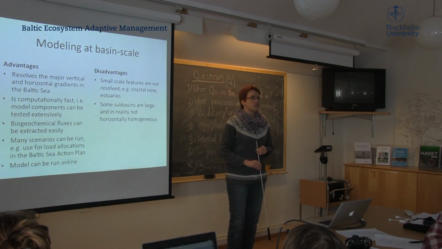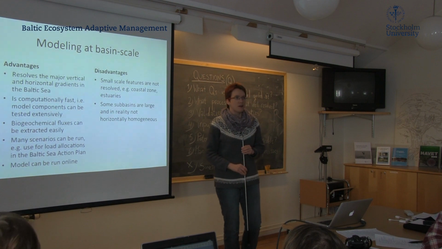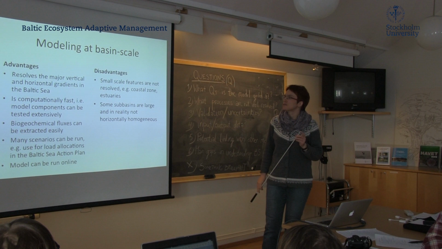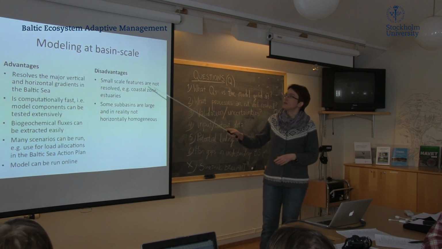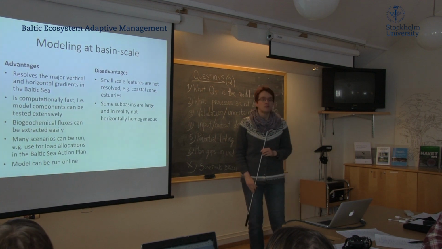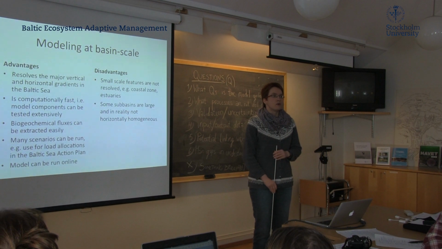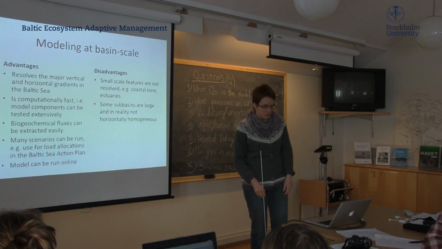It's not that you have to think for a week whether you have really a horizontal average, and in reality your basin is not so homogeneous, and you can't resolve a small-scale feature, for example, what happens close to the coast. It's more representative for the conditions in the central part of the basin.